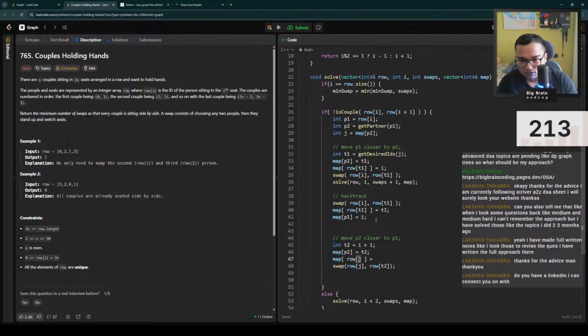No, yeah, T2 becomes whatever was present at J, right? And then swap and then backtrack again, and this time I have to move I by 2 positions.